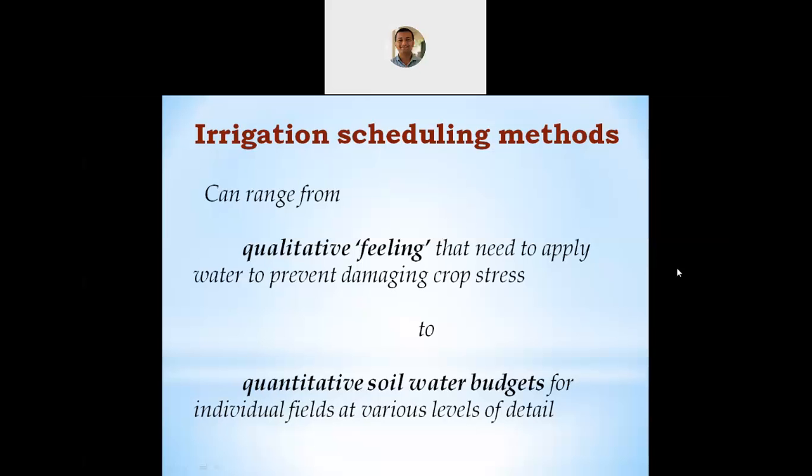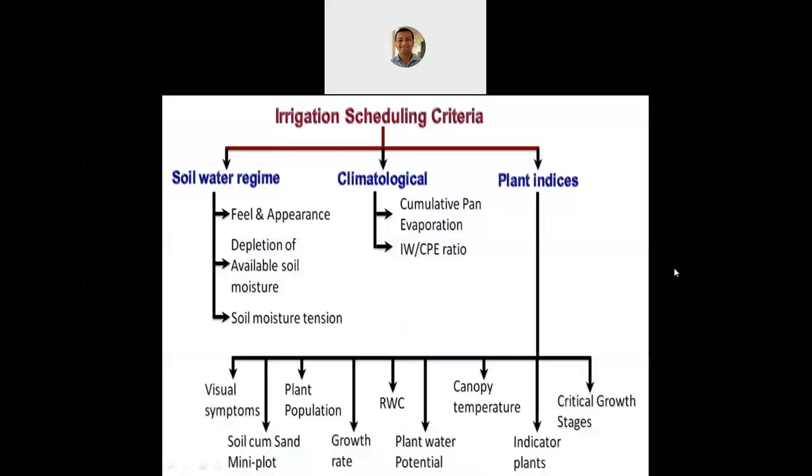Quantitative measures mainly involve water budgeting based on the soil moisture content or the atmospheric condition or the plant water status. So scheduling of irrigation has three major approaches. One that I was telling, the soil water regime, another is the climatological approach, and the third one is the plant indices. Now under the soil water regime, we have three different kinds of approaches.